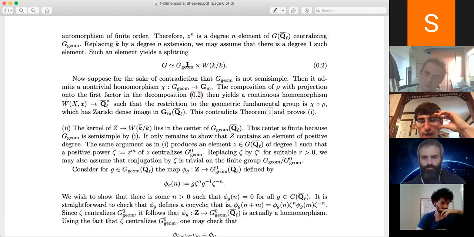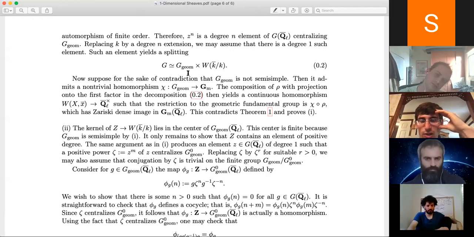So that yields a splitting of the image of the Weil group. At any rate, that means I have this map from the Weil group to the geometric monodromy, which restricted to the geometric fundamental group is just rho, because this is a splitting. All right? And so now I compose with this character, and I get, via that, a map from the Weil group to QL bar cross.